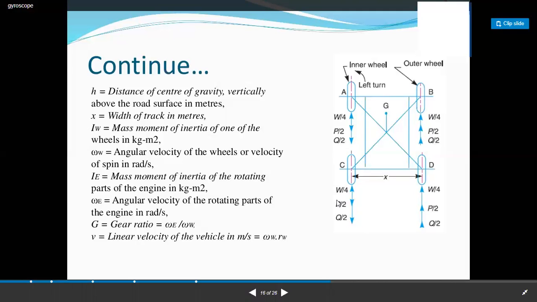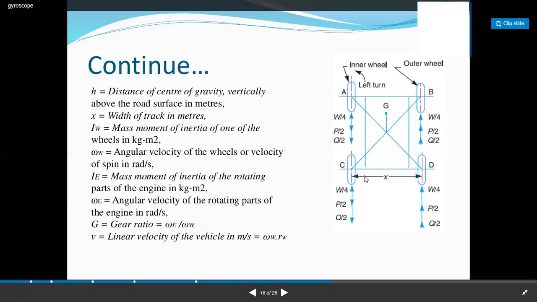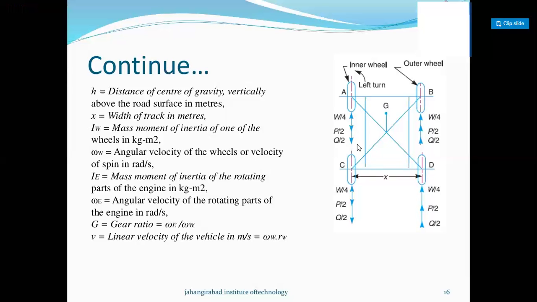So the total vertical reaction at each outer wheel is PO equal to W by 4 plus P by 2 plus Q by 2, and the vertical reaction at each inner wheel is W by 4 minus P by 2 minus Q by 2, right? So the total vertical reaction on each wheel is shown in the figure.